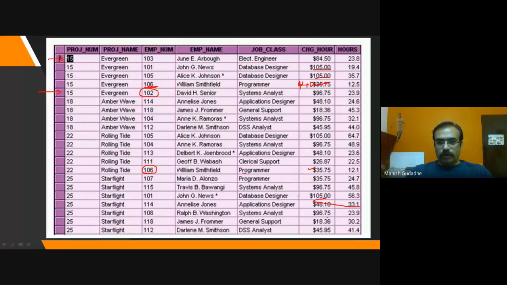William and Maria are charged the same. That means this charge per hour is for the job class, not for the employee. If the employee is a programmer, he'll get 35.75. If he is a database designer, he is going to get 105.